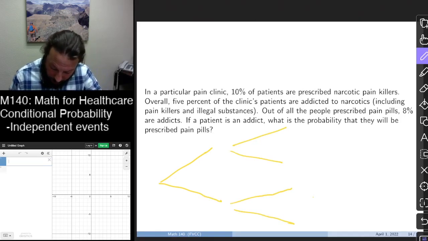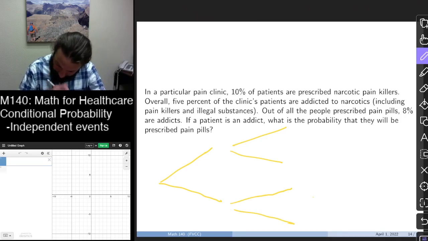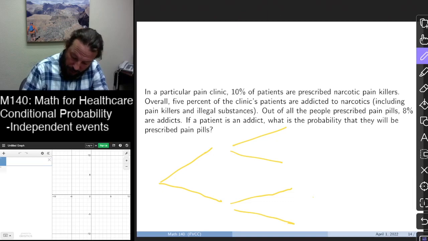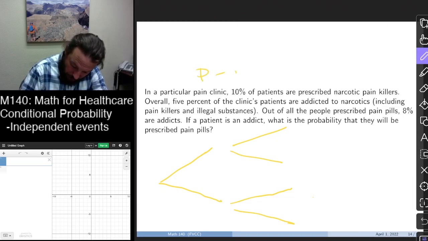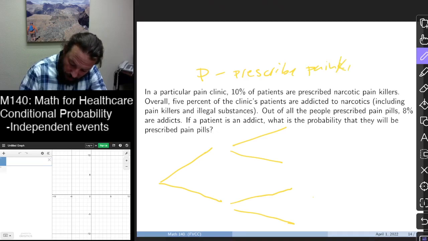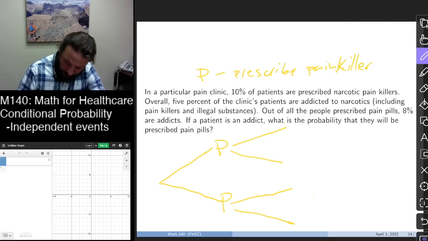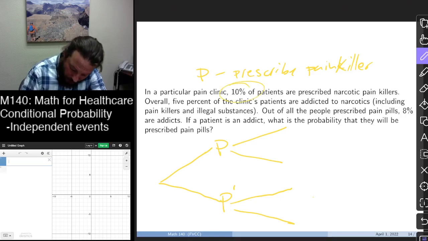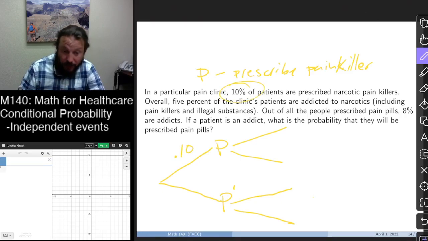Let's say P is prescribed painkillers, or not P. And how did I know to do that? Because I was given the probability of P, and this has got to be 0.9.